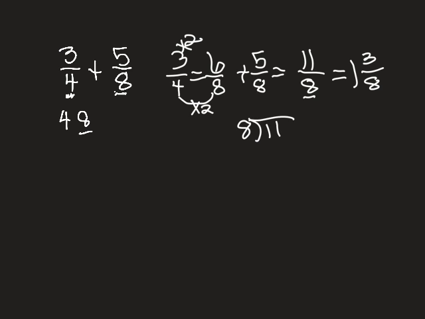So if I added 3/4 and 5/8, I'm going to end up with 1 3/8. Okay? Because I added and converted the 3/4 to 6/8 and then added 5/8 and got 11/8. I converted the improper fraction to a mixed number and I got 1 3/8.